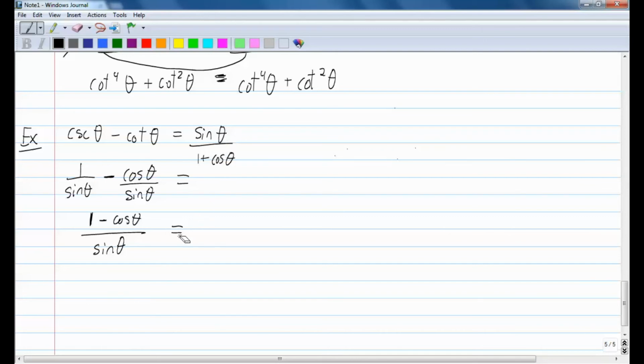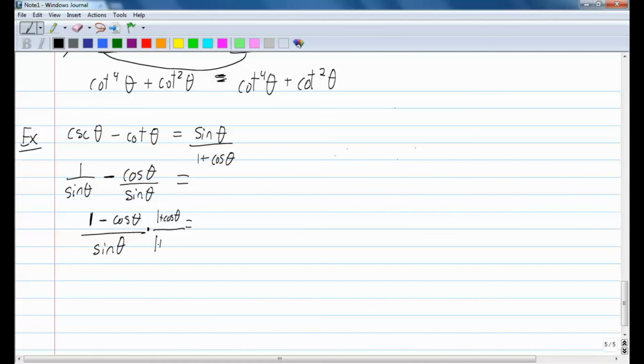So whenever I have a fraction that has a trig function and another term with that function in the numerator or denominator, one common thing to try is multiplying by the conjugate. Let's see if that'll rewrite this for us or put it in another form for us. The conjugate is 1 plus cosine theta.